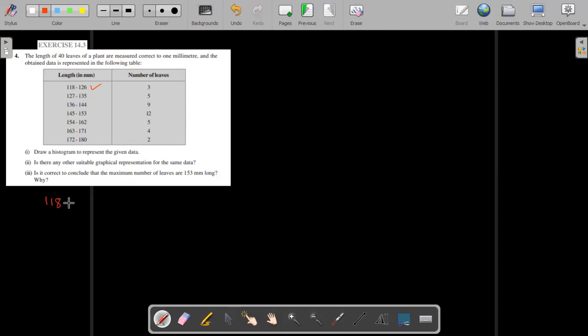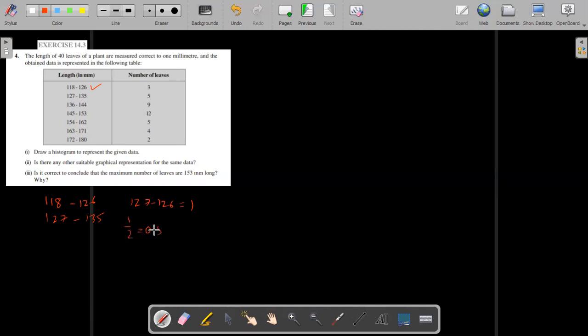118 to 126. We have to check how much the gap is between 126 and 127. That is 127 minus 126. Obviously, there is only one gap, and it is divided by 2.